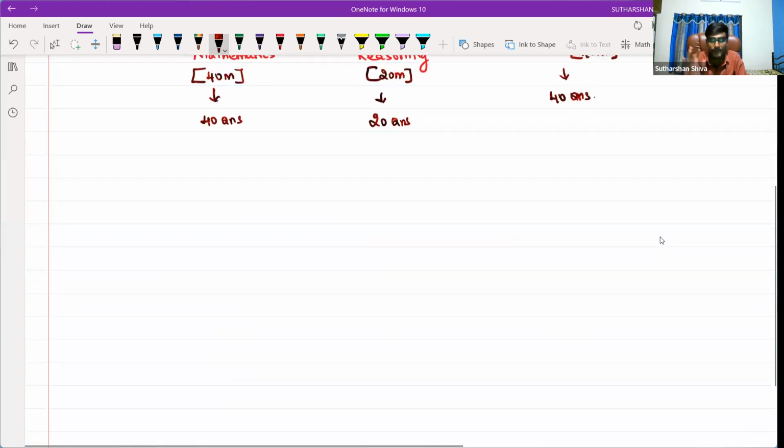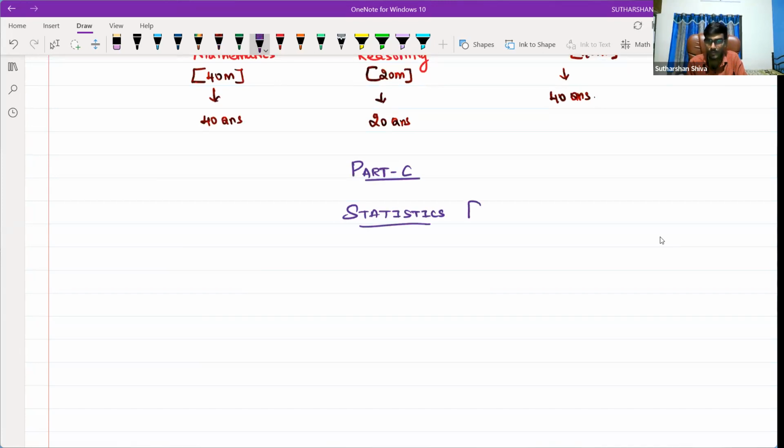First, my favorite part, statistics. We will cover the statistics part first and then come back to our mathematics. I am directly stepping to part C. This part C, I already told you, is under statistics, having 40 marks.